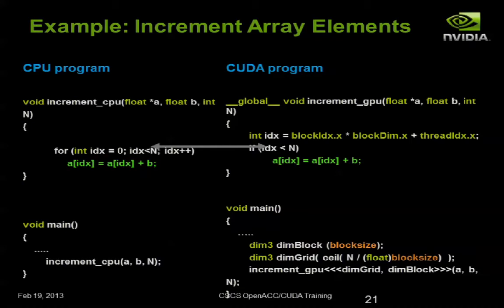So you have your main, and then you call a function where you're incrementing an array A that contains n elements with the value B. And so in this function, you have your loop, and you're incrementing A subindex with B. Now, the corresponding CUDA program is not significantly different. The main difference is that the innermost loop got removed, right? The innermost loop got removed by the grid of threads that you're launching.